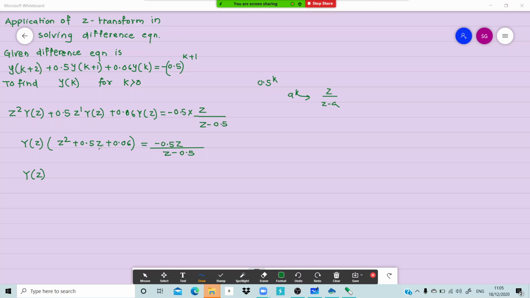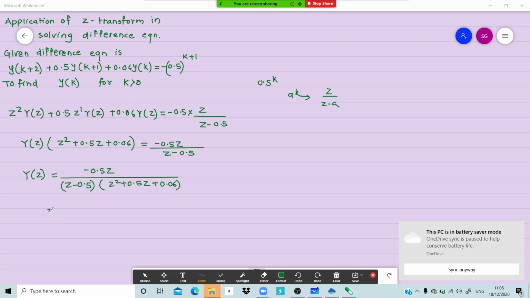So I'll write Y of z is equal to minus 0.5 z upon z minus 0.5, and then factors of this, or should I divide it first? z square plus 0.5 z plus 0.06.